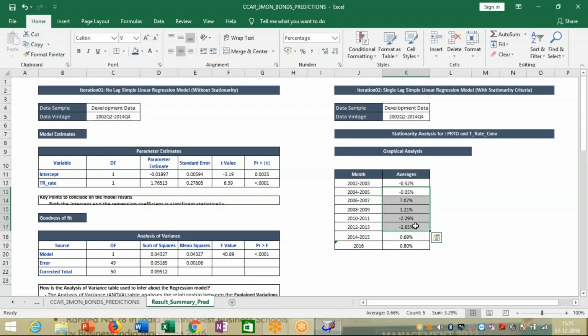From 2000 to 2007, the average was around 7.70%. If you club that group till 2007 and from 2008-9 onwards to 2014, 2016, you will see that yes, there was a tremendous fall, right?